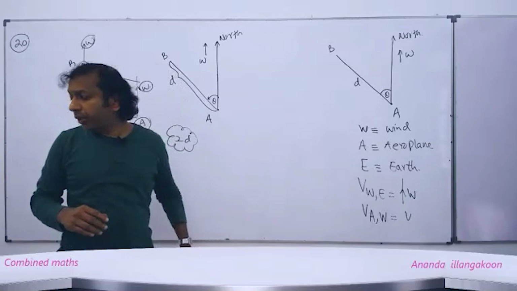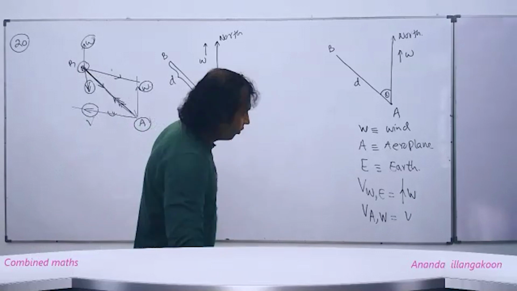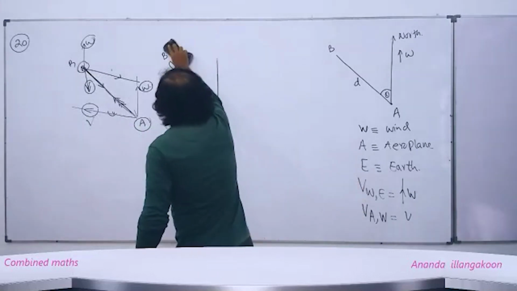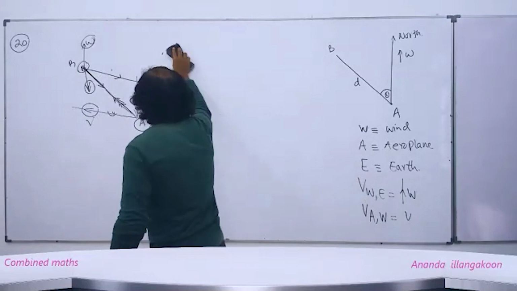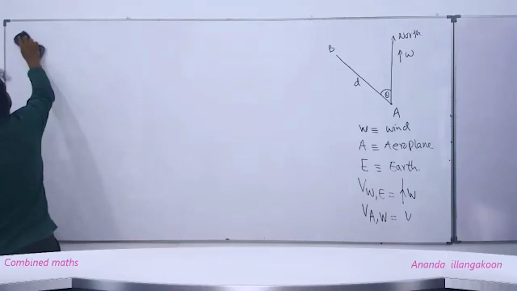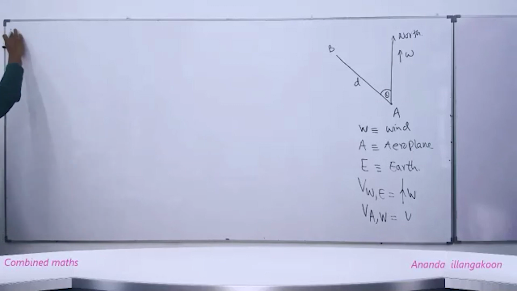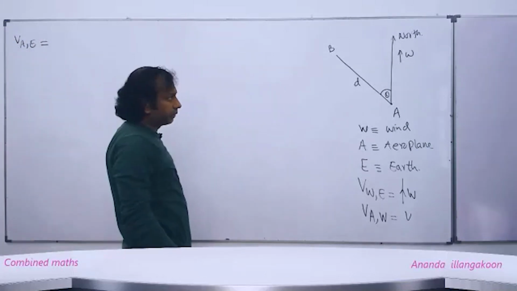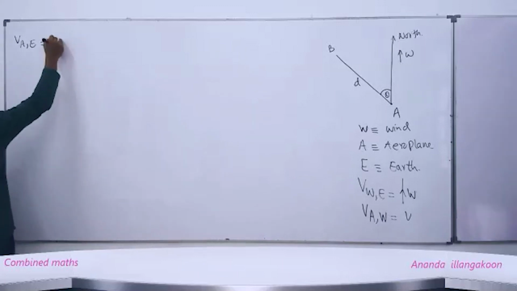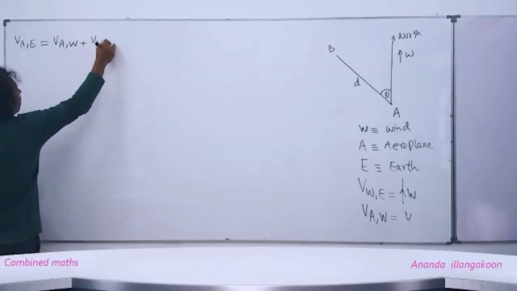By the principle of relative velocity, you can write: velocity of the aeroplane relative to Earth, B, E, equals B, W plus W, E.